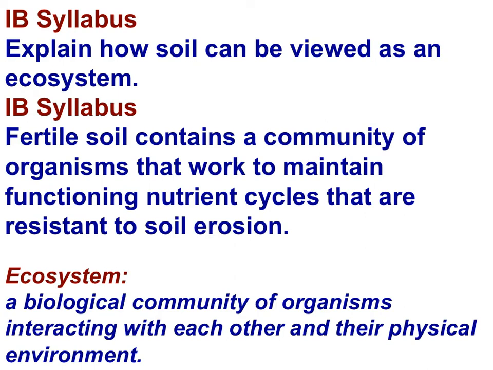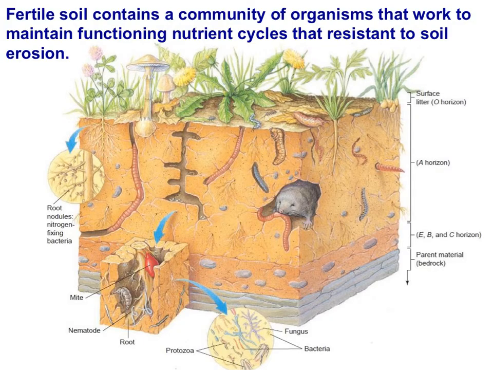At this point, I'd like to provide a little clarity about this syllabus statement. Explain how soil can be viewed as an ecosystem. An ecosystem is defined as a biological community of organisms interacting with each other and their physical environment. In this diagram, you can see a biological community of organisms interacting with each other and their physical environment.